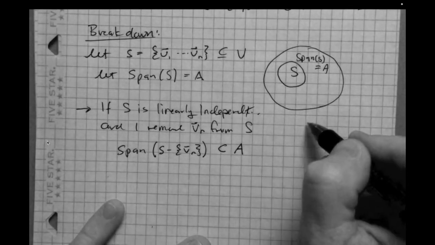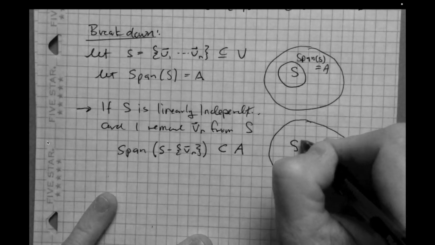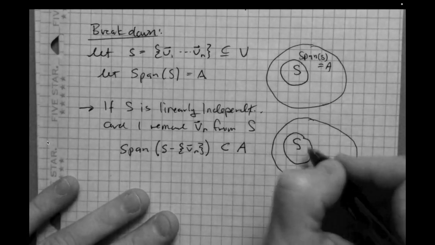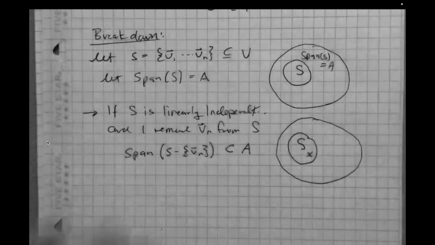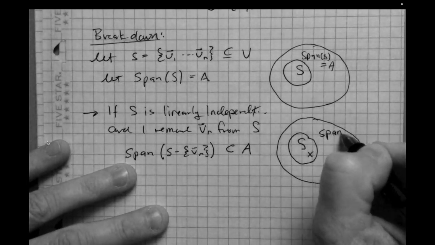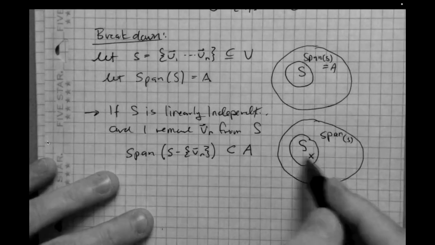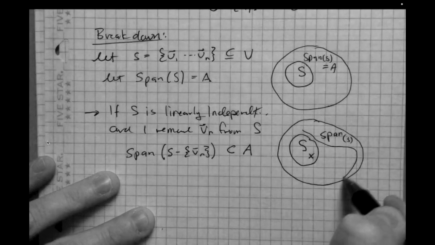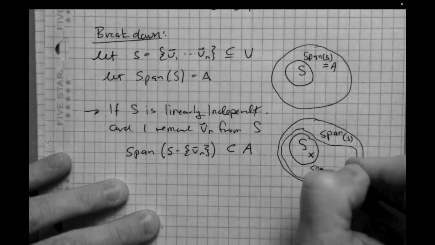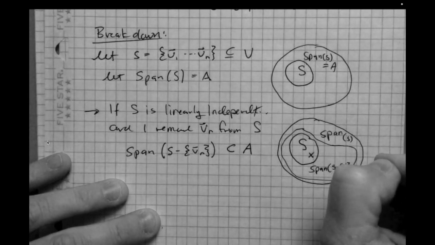In this case, I've got my S. Now, if I were to remove some vector, cross it out of S, then this whole thing might have been the span of S, but once I remove this vector, there are some vectors I can't get to anymore. And what I'm left with is the span of S minus Vn.